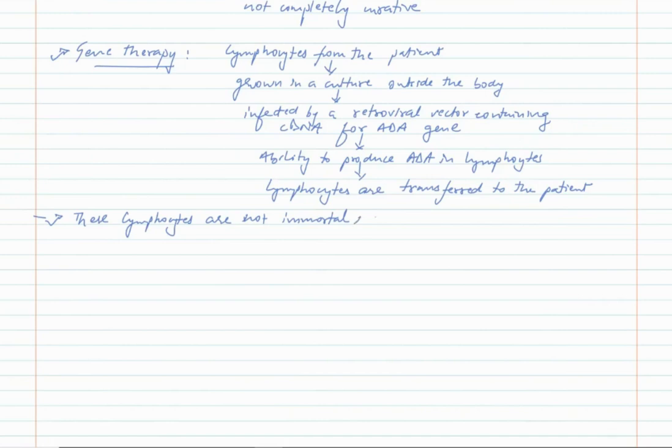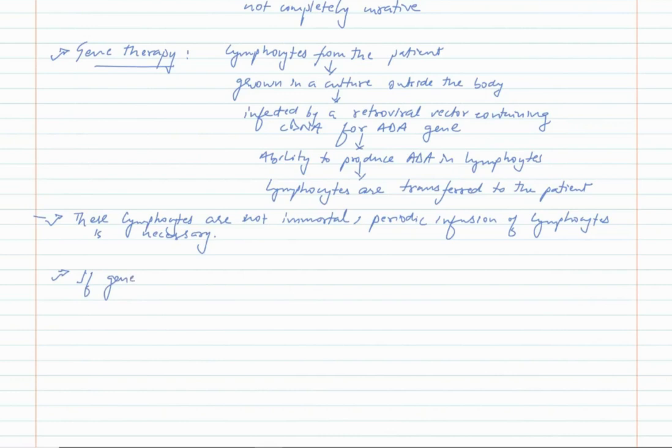Since these lymphocytes are not immortal, we will have to periodically infuse the patient with these recombinant DNA containing lymphocytes. Periodic infusion of lymphocytes is necessary. So again, gene therapy seems to be not able to solve this problem completely.